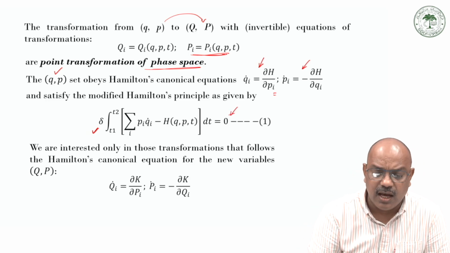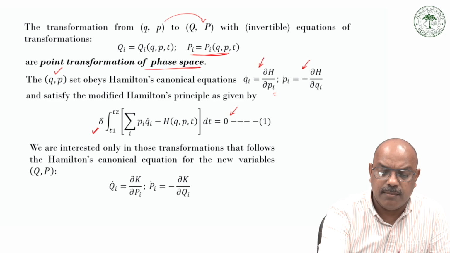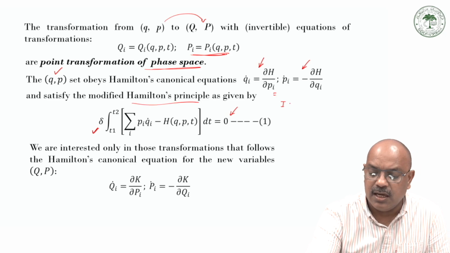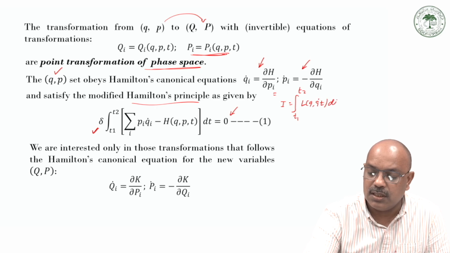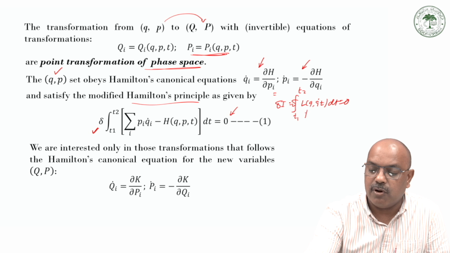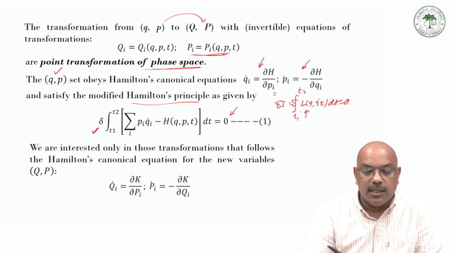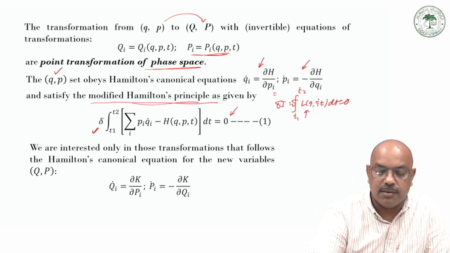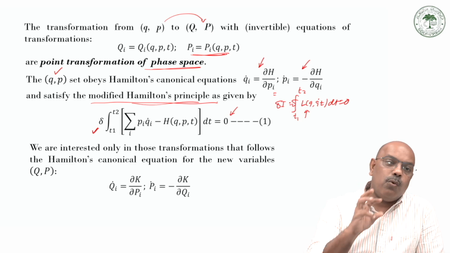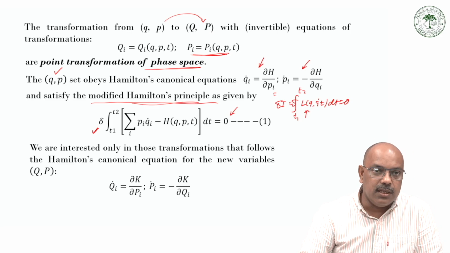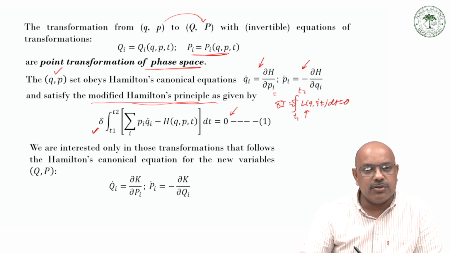Earlier, Hamilton's principle says that the integral from t1 to t2 of the Lagrangian L(q, q dot, t) dt, that is δI, is going to be zero. But when you transform from Lagrangian to Hamiltonian, this is known as the modified Hamilton's principle.